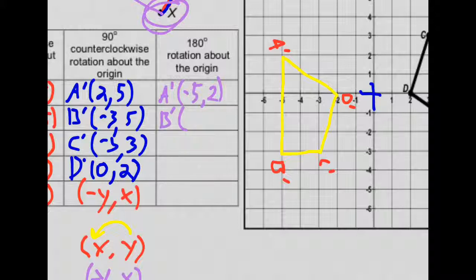B prime is negative 5, negative 3. C prime is negative 3, negative 3. And D prime is negative 2, 0.